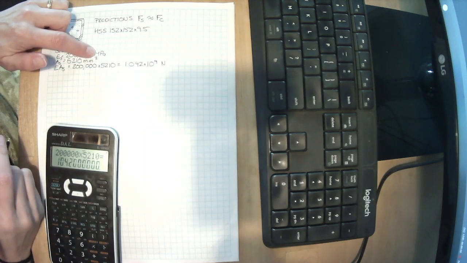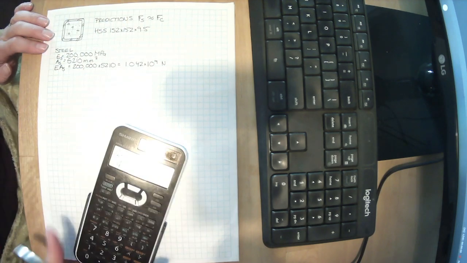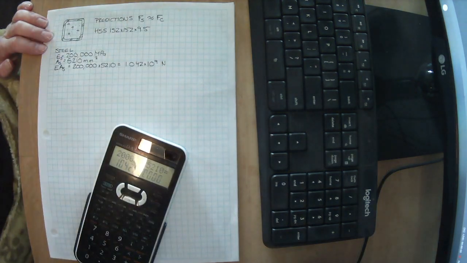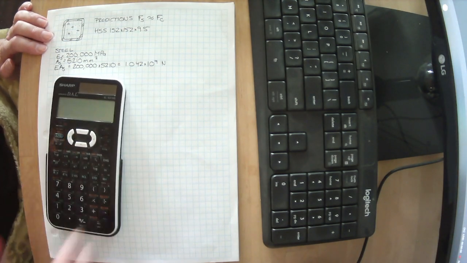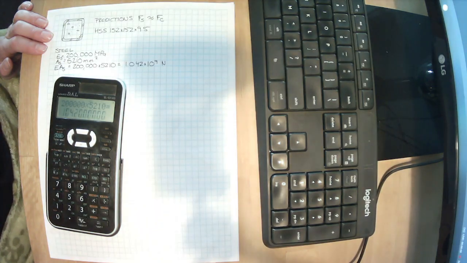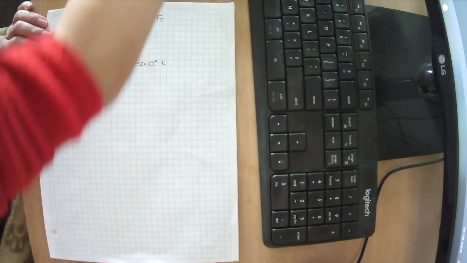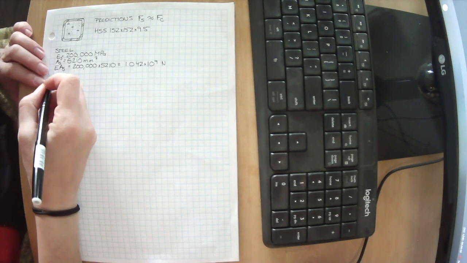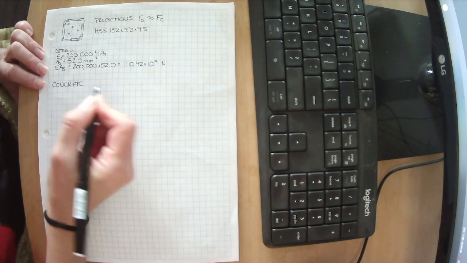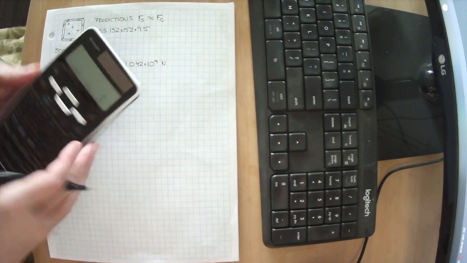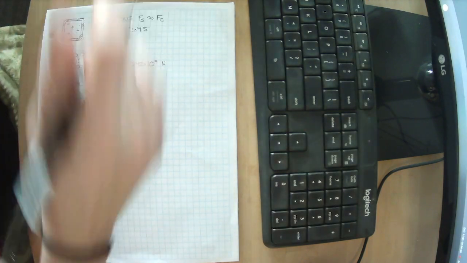So this was newtons per millimeter squared, and this is millimeters squared, so we're left with newtons. That's too bright, isn't it? Maybe that's all right. Oh, now we can't see a gosh darn thing on my calculator. My calculator is just shot, Dave. The solar panels aren't working on it very well. Okay. You want to try mine? I think I did, and yours isn't doing it either. Oh yeah, no, yours is a heck of a lot better. So I think I probably just need a new calculator.